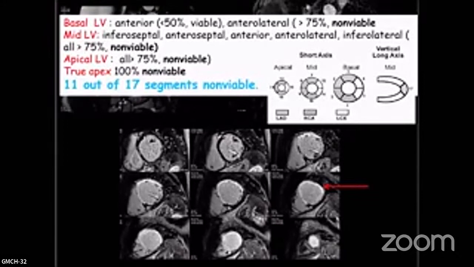Using cine function and the extent of gadolinium, we will report this as viable and non-viable. And to make this summary, we use the AHA 17 segment model. Based on the thickness of the gadolinium, we make 11 out of 17 segments non-viable. And this is important because you can see that no amount of revascularization will improve the function of this heart, and treatment is medical therapy only.